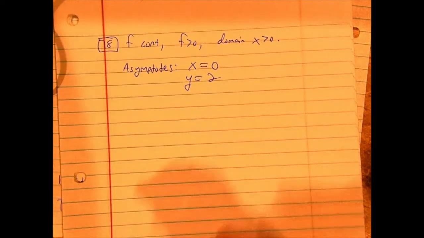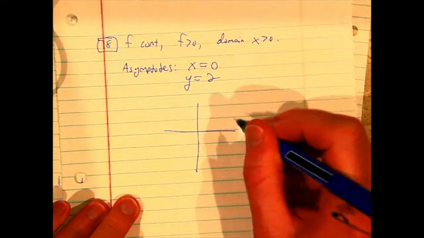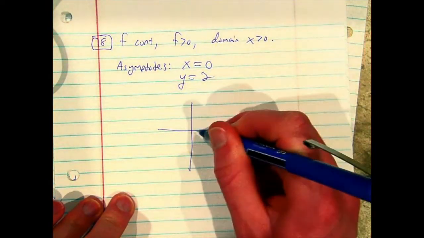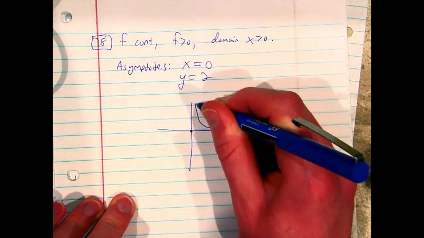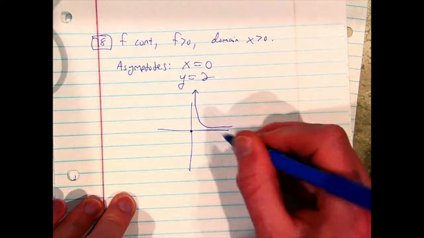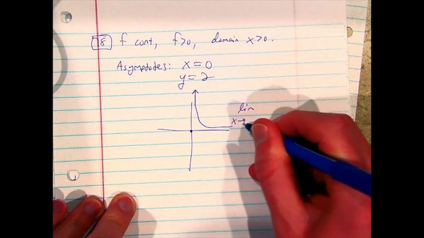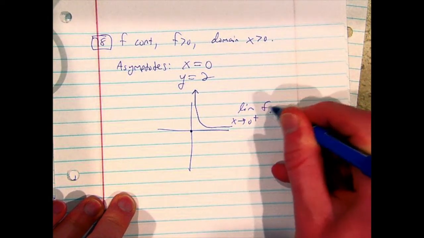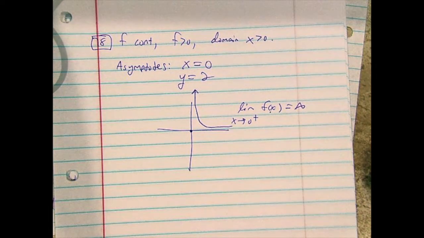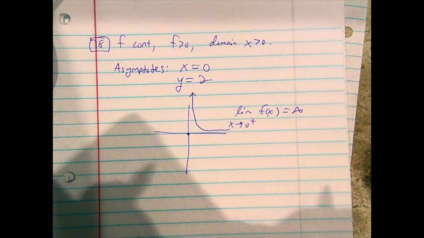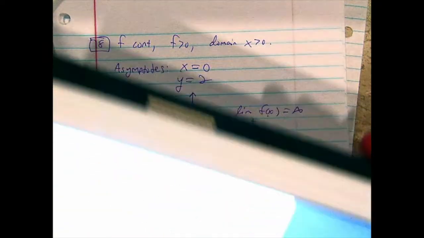If you want a picture of what I'm saying here, since the function has to be positive and it's only defined for x bigger than 0, and we have a vertical asymptote at x equals 0, it's clear that the limit as x approaches 0 from the right has to be infinity. So that's the logic that I'm using there. So back to the question here.